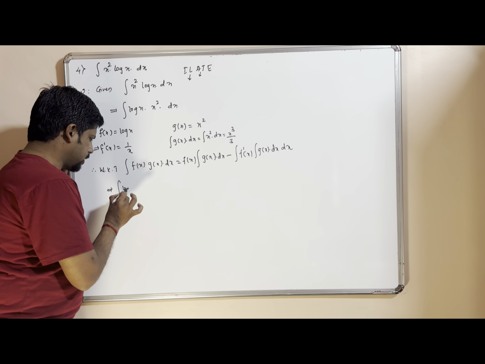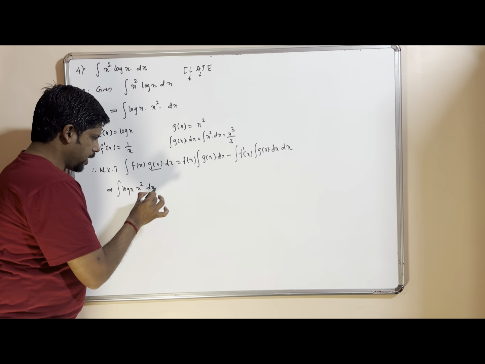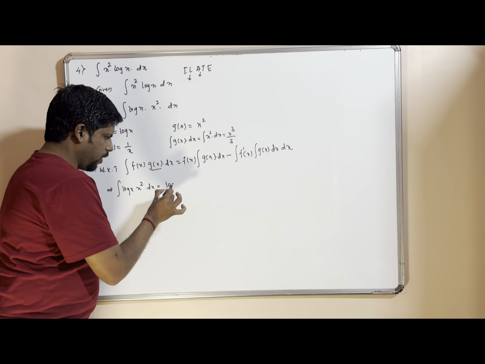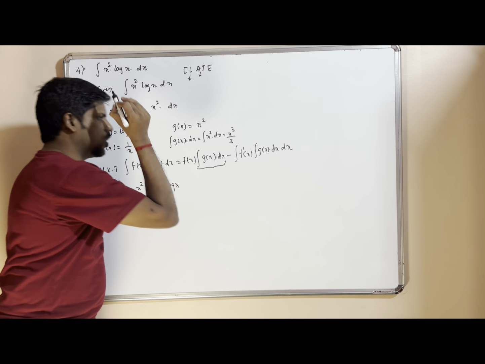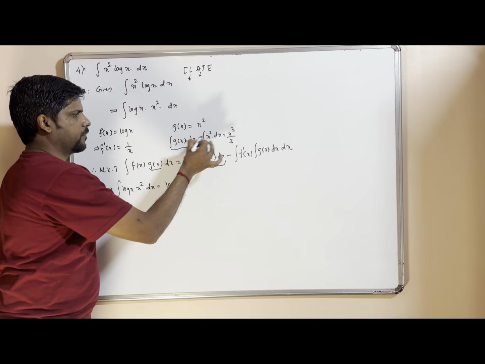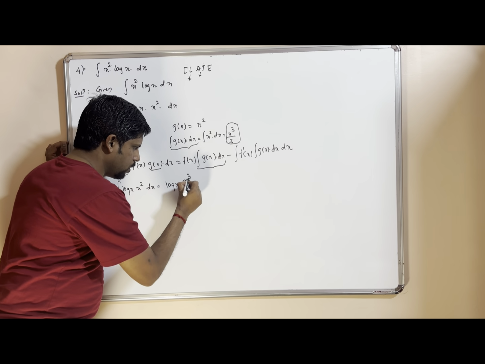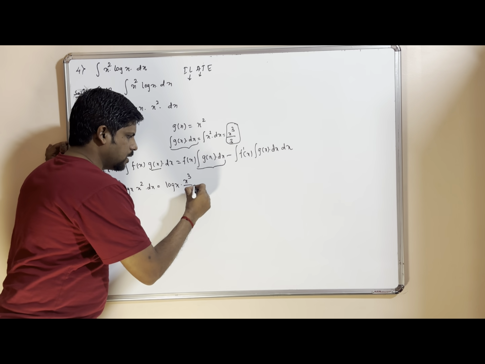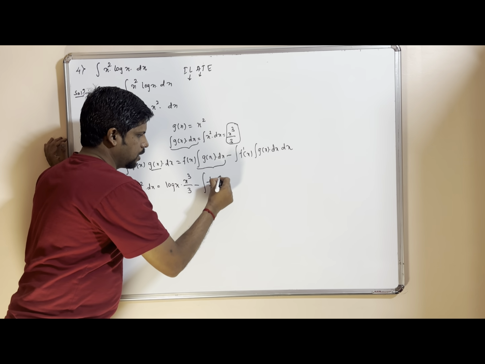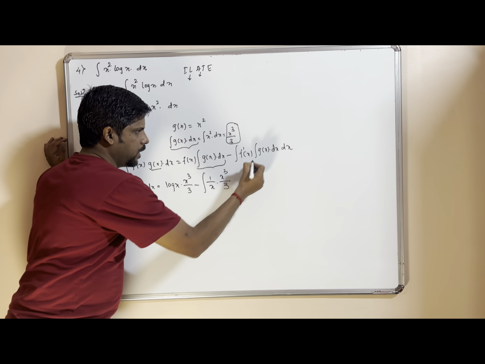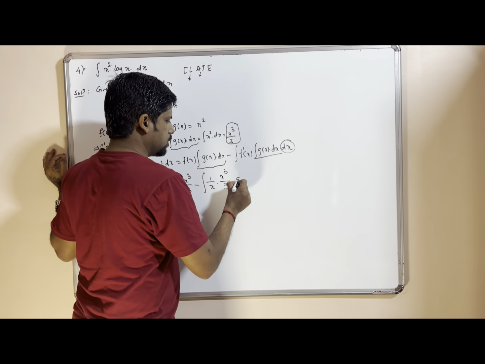F of x is log x, g of x is x square into dx, equal to f of x, again log x, into integration of g of x into dx, which is x cube by 3, minus integration of f dash of x, which is 1 by x, into integration of g of x into dx, which is x cube by 3, here 1 x, so keep it as it is.